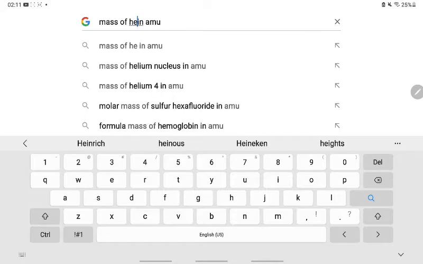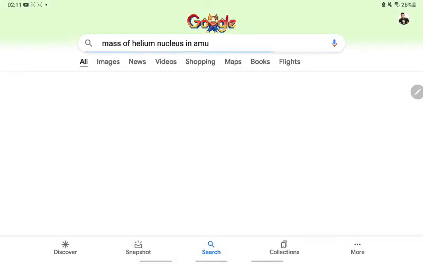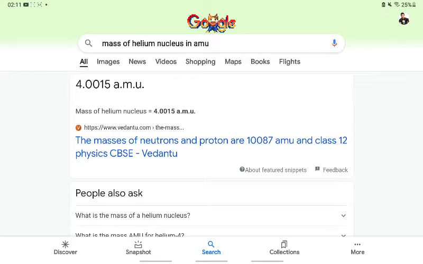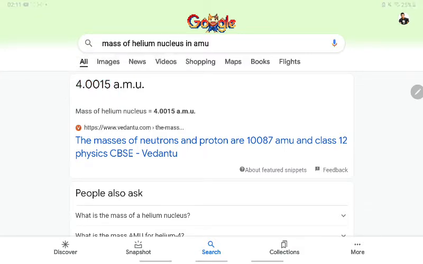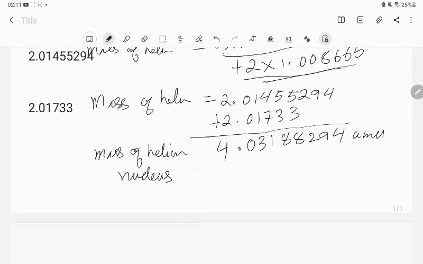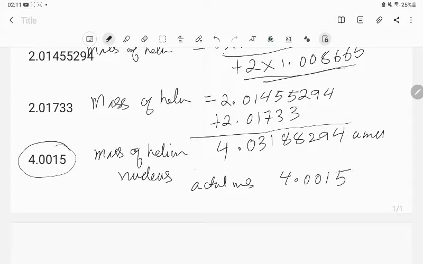Using mass spectroscopy, the actual mass of the helium nucleus is 4.0015.